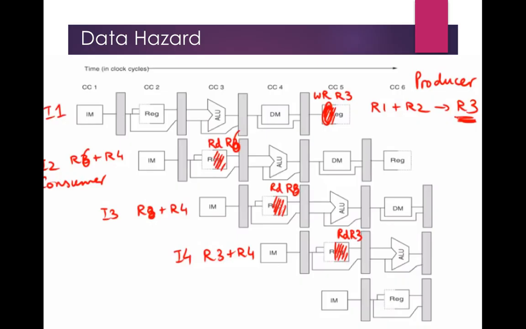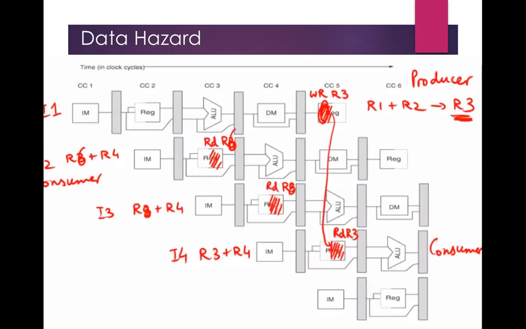Here we can provide, because in the first portion of clock cycle 5, for instruction 1, we will write R3, and we can provide it very clearly at instruction 4, where the second part, the register read of R3, is going to happen. So this is how we can resolve the conflicts.